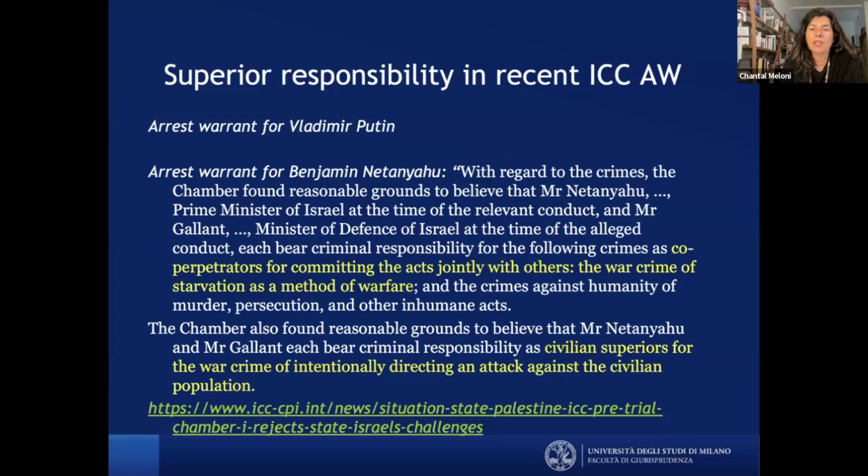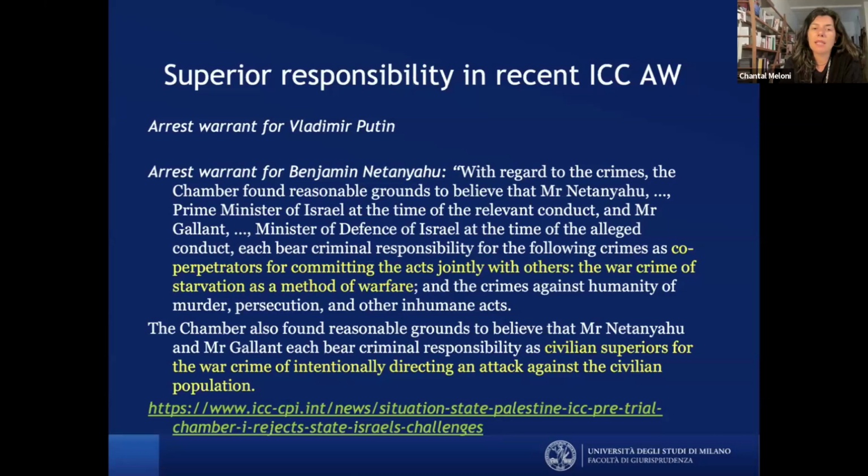And then the judges add, the chamber also found reasonable grounds to believe that Mr. Netanyahu and Mr. Gallant each bear criminal responsibility as civilian superiors for the war crime of intentionally directing an attack against the civilian population.